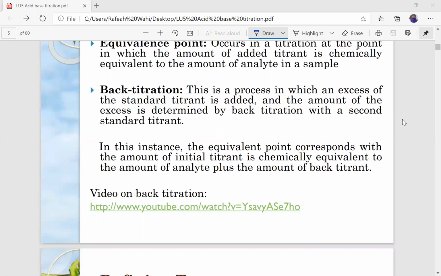It means that back titration is also often called indirect titration. It is a two-step titration process, and the details of the back titration concept are given in another video which is available on eLib. In this instance, the equivalence point corresponds to the amount of initial titrant being chemically equivalent to the amount of analyte plus the amount of back titrant.